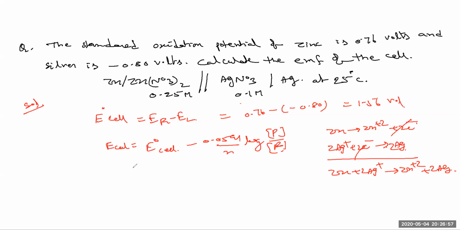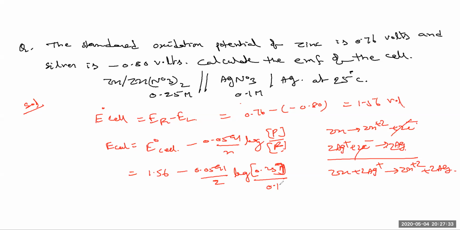Now substitute. E0 cell is 1.56 volts minus 0.0591 by n, the number of electrons exchanged between oxidant and reductant, which is 2, log of the product molar concentration, Zn2+, which is 0.25 molar as given in the cell notation, divided by the molar concentration of silver, 0.1.